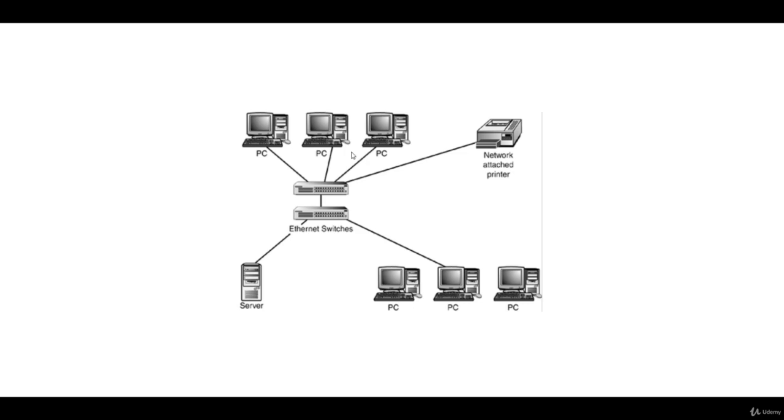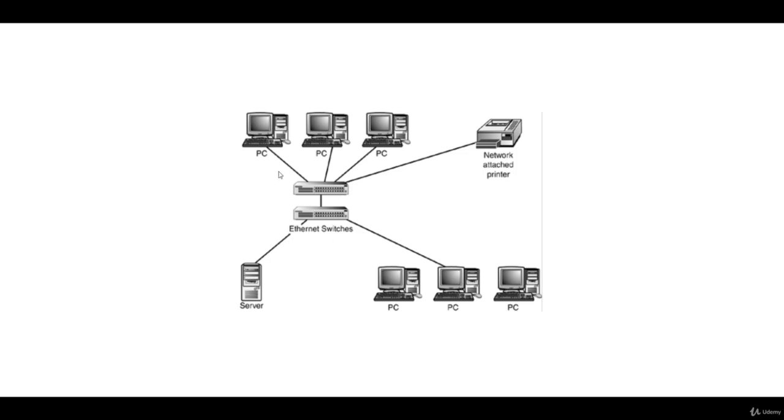So, if you want to send a communication from this computer to this computer, there's a process involved in the switch. First, the switch needs to understand what is the MAC address associated with the port where this computer is connected. Let's say this computer is connected to port number 1, and this computer is connected to port number 3.